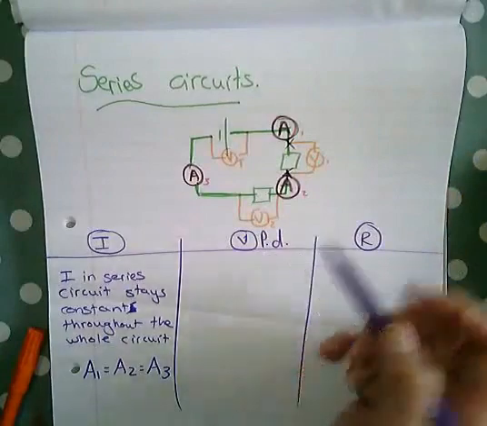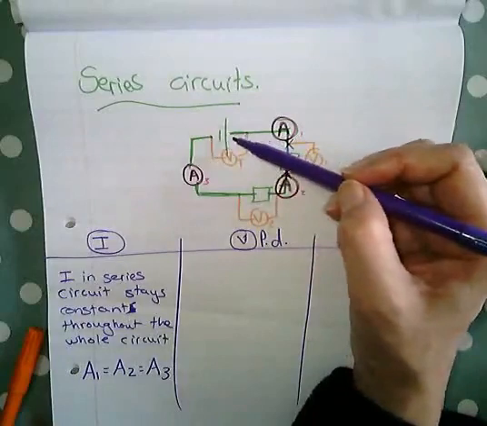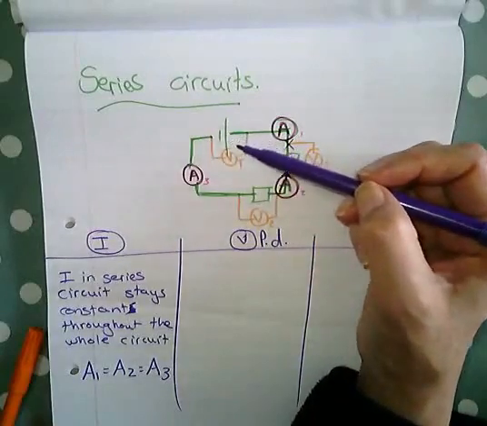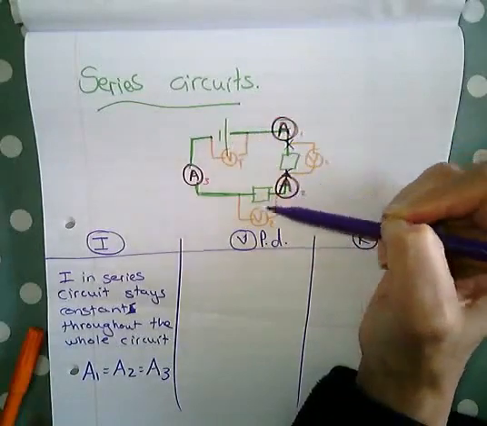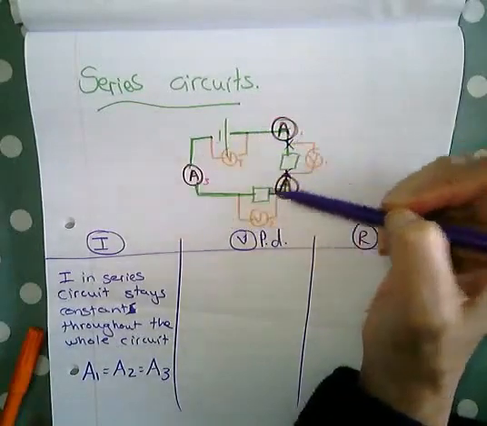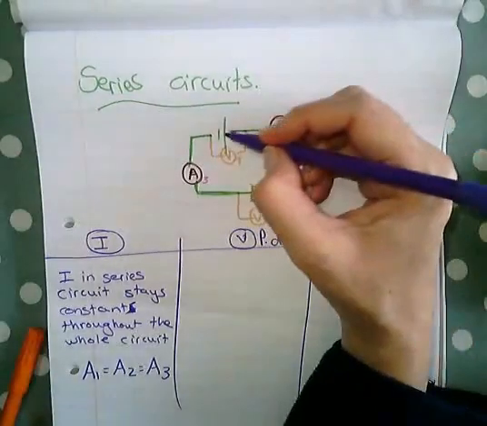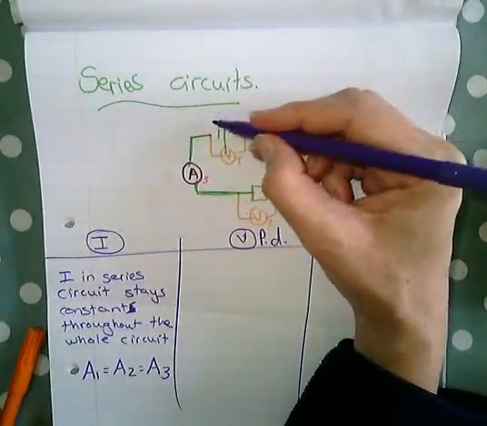So now that battery gives us a maximum amount of potential difference, potential. And that potential is used up, always used up in the circuit. So let's say we have 5 volts given to the circuit by the terminal potential difference.